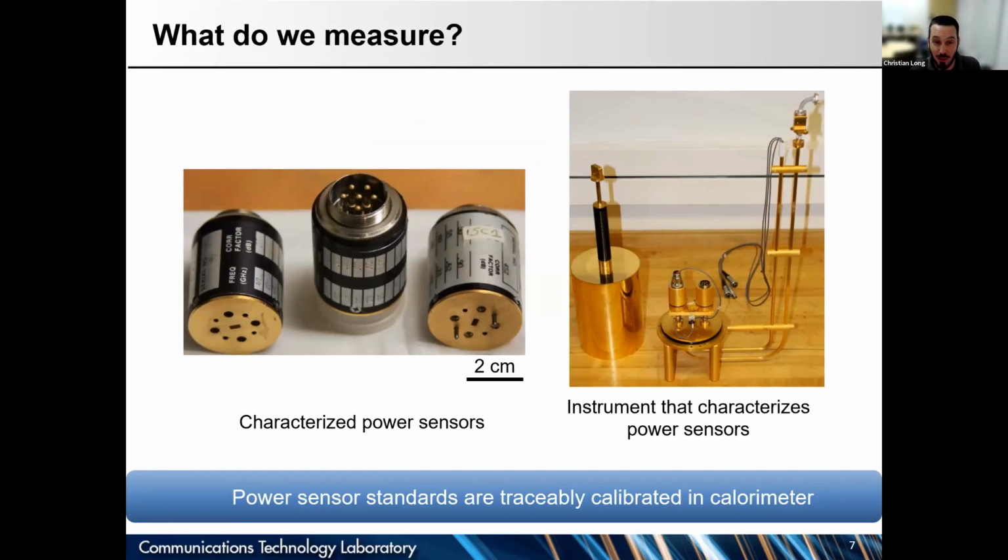And you can see the corresponding microcalorimeter on the right where we characterize this kind of power sensor. So for every type of connector, we build one of these microcalorimeters. So they're pretty specialized instruments. They're usually home built at National Metrology Institutes, and they really work with a specific type of power sensor.